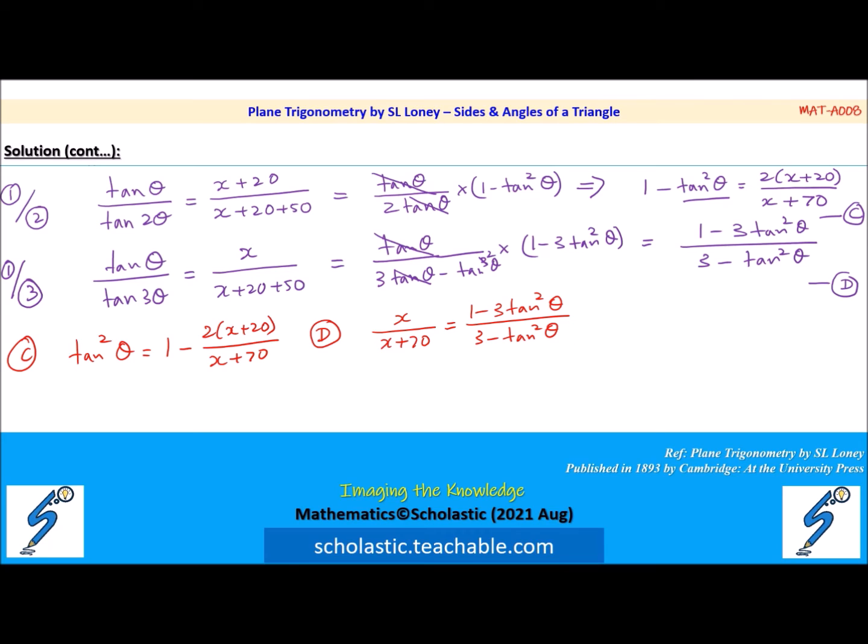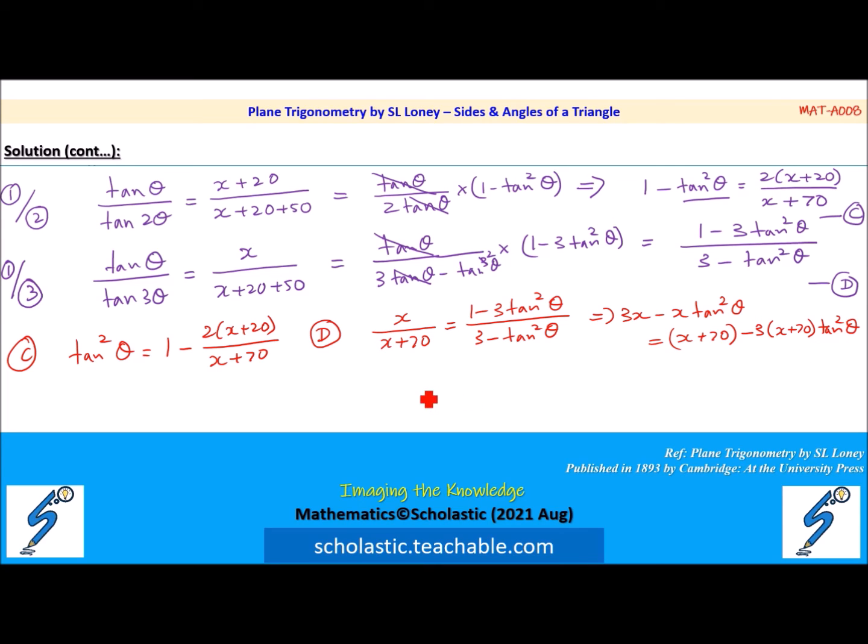Okay, so this one we can simplify by multiplying across. This will give us 3x minus x tan square theta equal to (x plus 70) times (1 minus 3 tan square theta).